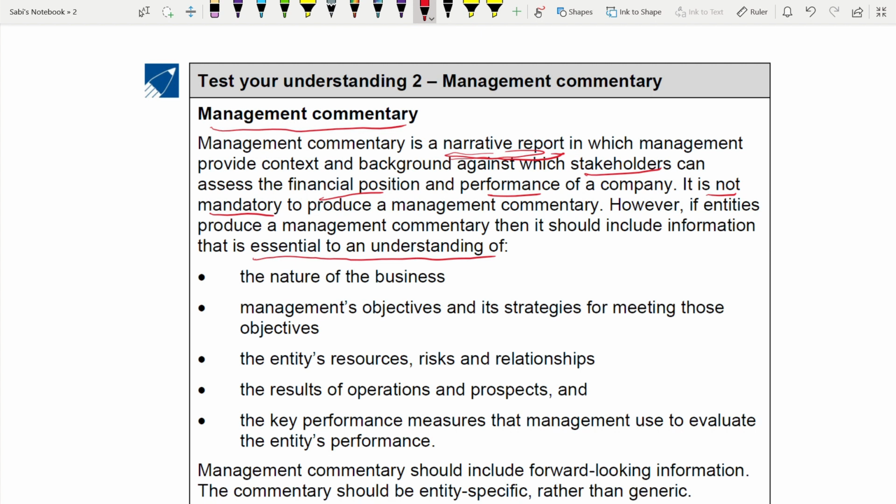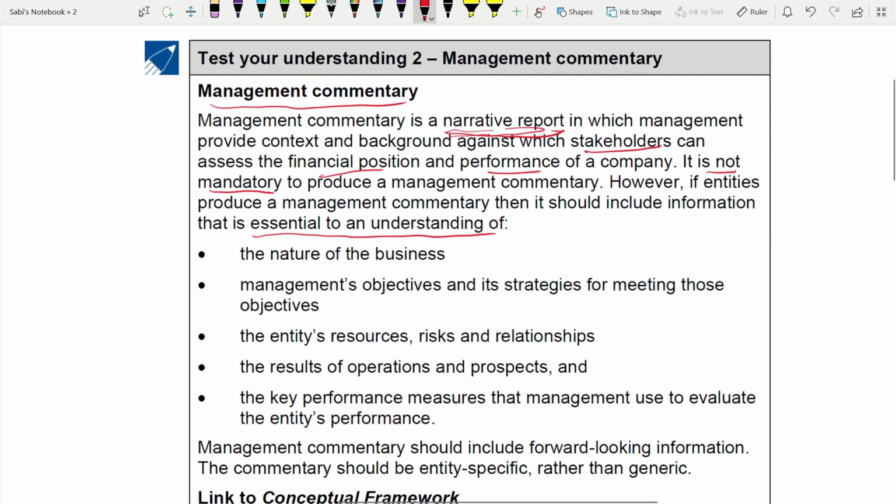No, there is a scope, an extent to which you can include the information. So when you're including any information in the management commentary, take care of these 5 bullet points. It should mention the nature of the business. It should mention the management's objectives and the strategies for meeting those objectives.